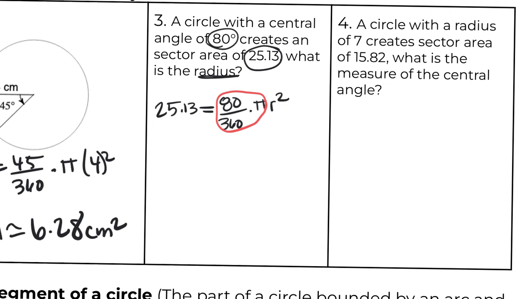So 80 divided by 360 times pi gives me 0.698. So 25.13 equals 0.698 r squared. Before I can square root both sides, I need to get r all by itself. So I'm going to divide both sides by 0.698.